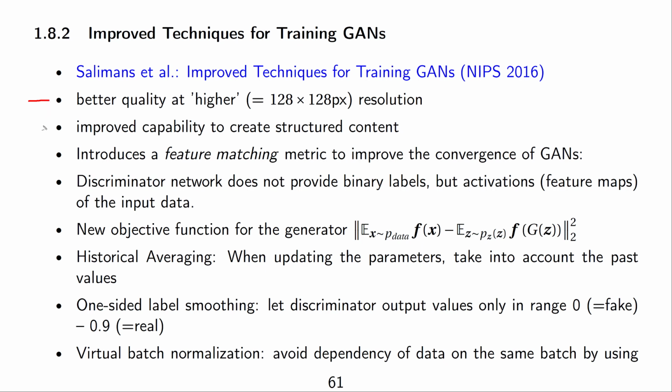It also introduced the idea of feature matching, as discussed before. There was also an idea of a new objective function, and the idea of historical averaging.